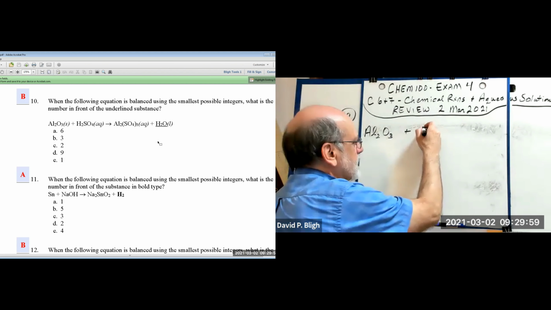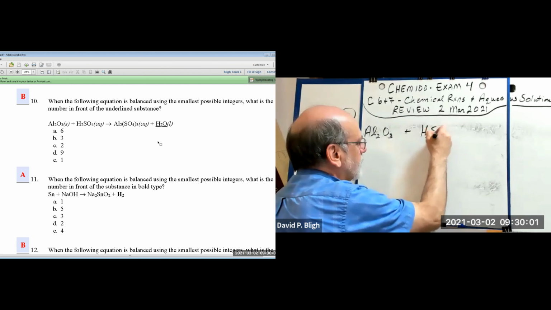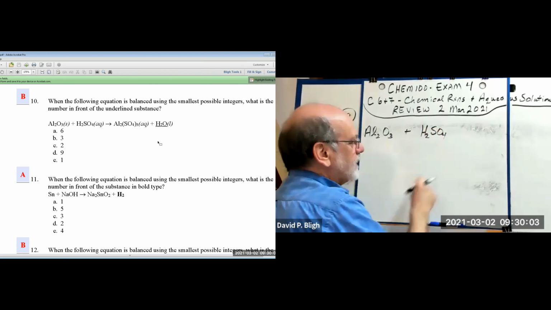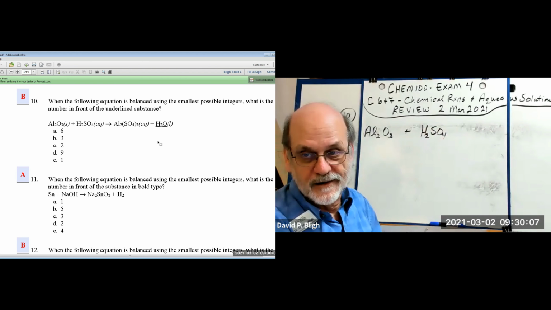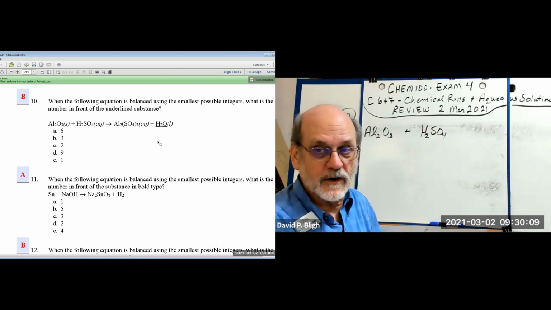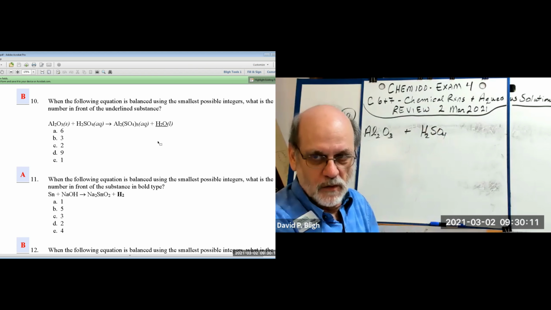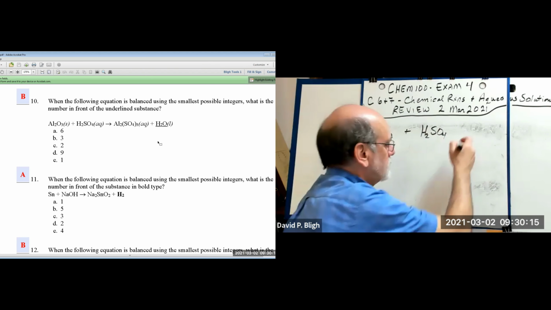H2SO4 is sulfuric acid, right? That's the sulfate ion. H's become X. And if there's oxygen in it, you don't say hydro, so you say sulfate becomes sulfuric acid.